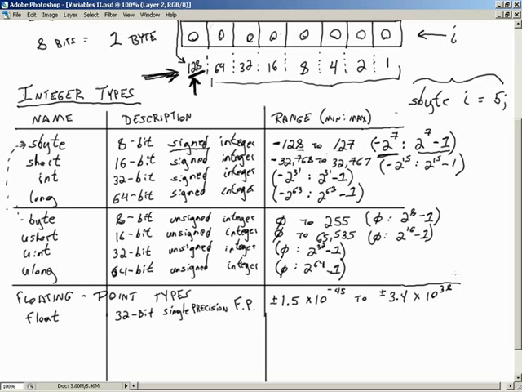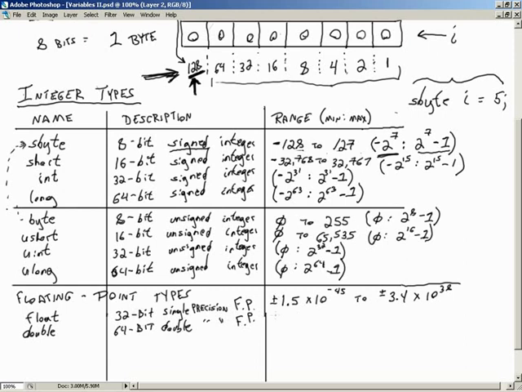Now, what if we need something with even more precision than that? Well, what we can do is turn our attention to a double. This is where things really do get big. This is going to be a 64-bit double precision floating point number.